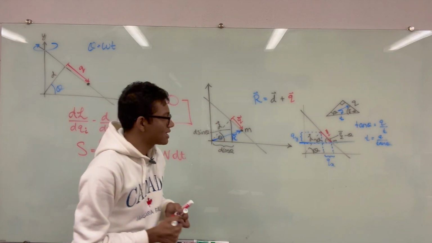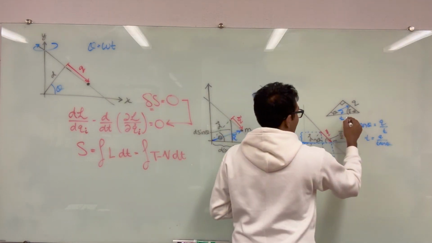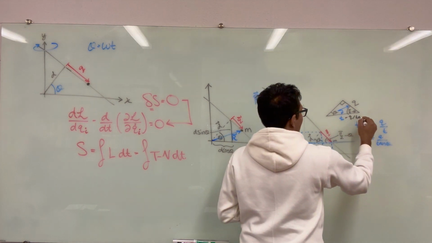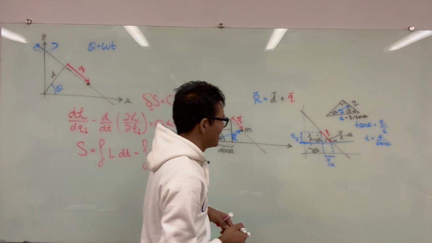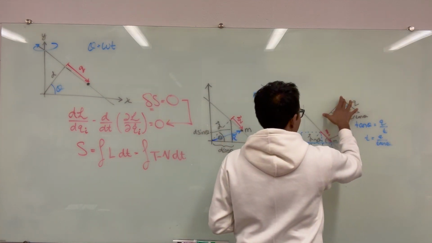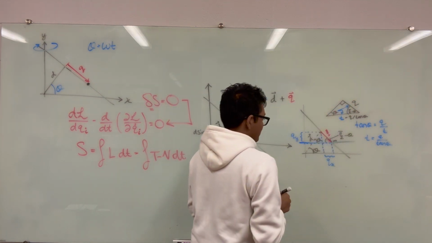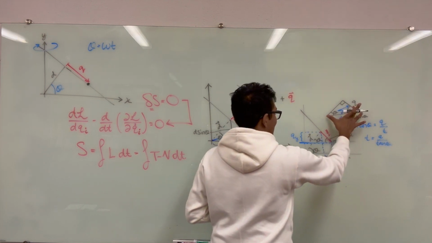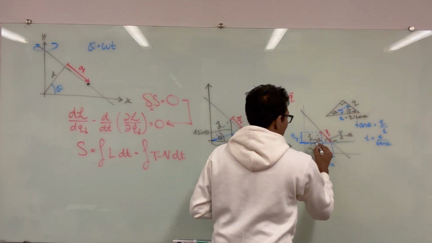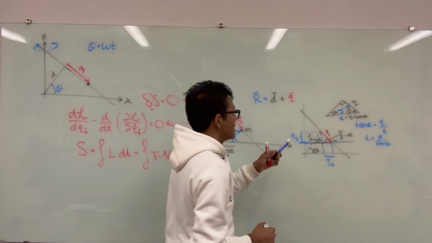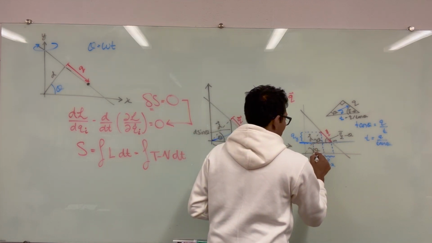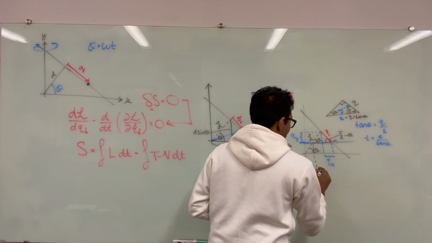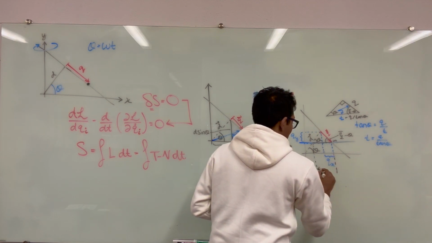That's our side over here, Q over tan theta. And what about our other sides? So this side over here is going to be what? First let me label the side that we just got. This is Q over tan theta. So that tells me what this length over here is. This is Q over tan theta.